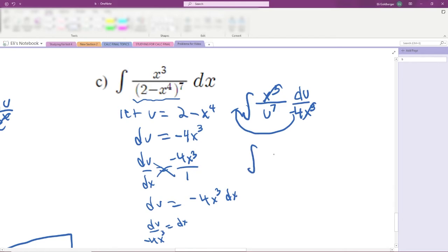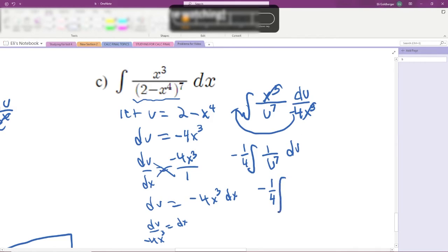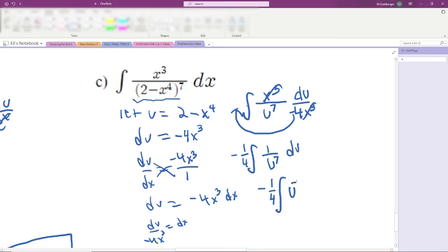So right now we'll have negative 1/4 times the integral of 1 over u to the 7th du. But to go even further, we can make this much easier to integrate if we put it on top. So we have u to the negative 7th. Now that'll be much easier to integrate.